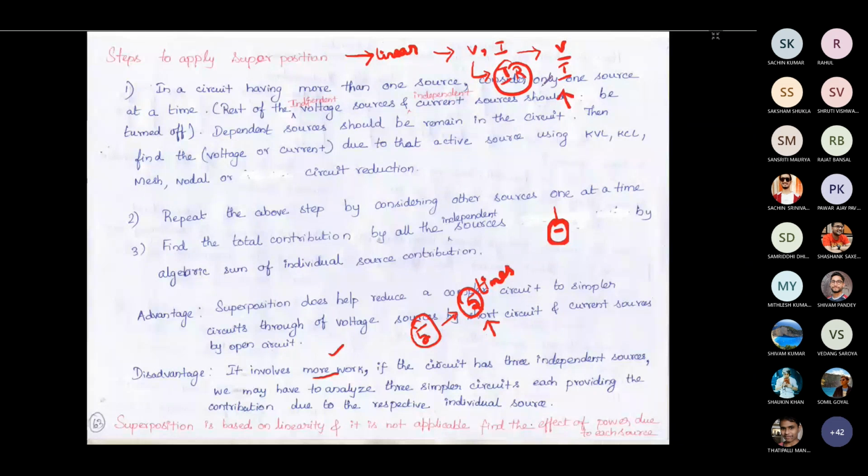Whereas if you have power, you cannot find it using the superposition theorem, because for power you have to use the expression I square R. I square is not a linear expression. So since I square is not linear, the power cannot be found directly using the superposition theorem, because the relation between power and current is not linear.